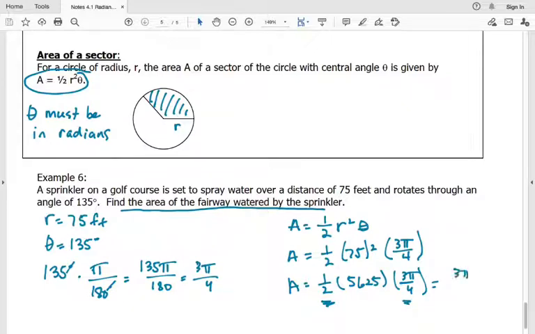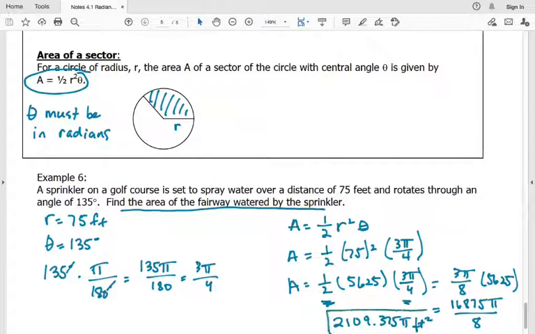That multiplies to be 3 pi over 8 times that 5,625. So if I multiply the 3 pi times the 5,625, I get 16,875 pi over 8. And then if you were to convert that to a decimal, it would be approximately 2,109.375 pi. And then our units were feet squared. So that would be your answer.